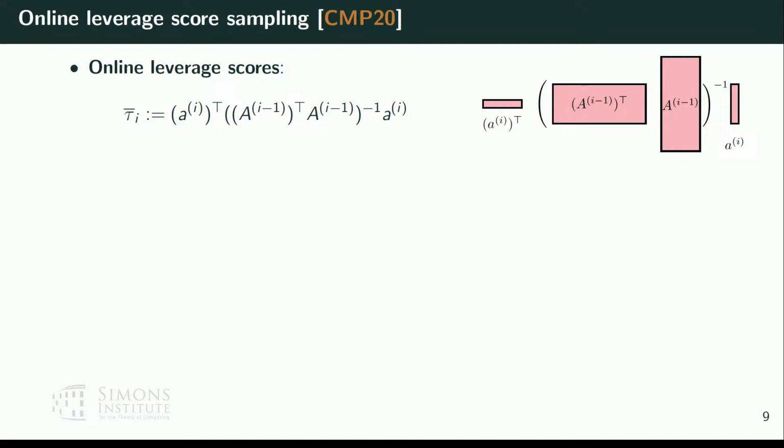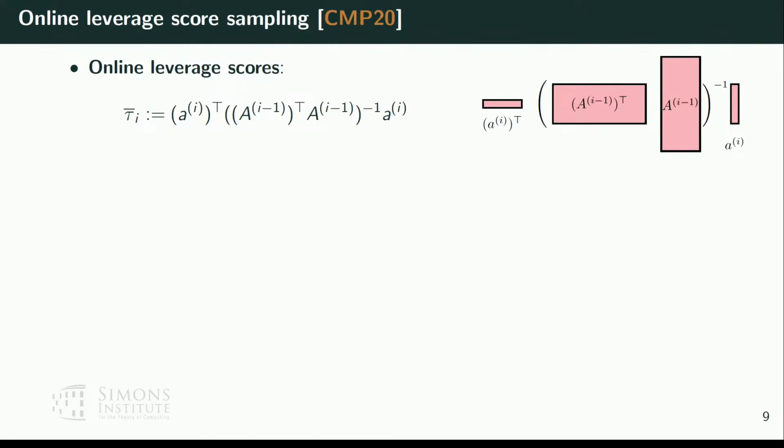And then this recent paper by Cohen, Musco, and Musco showed how to make this leverage score sampling work in an online setting. So we can define the online leverage scores, which are defined on the ith row, but the matrix in the middle is not the whole matrix. It's the matrix that we get up to the (i-1)th iteration.